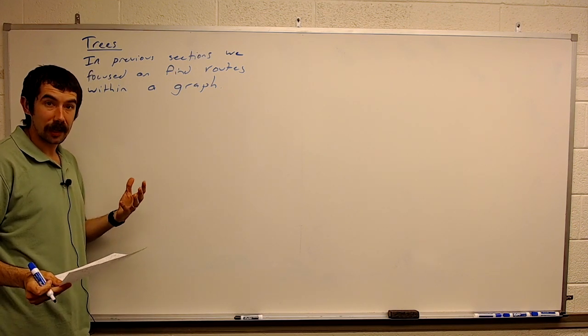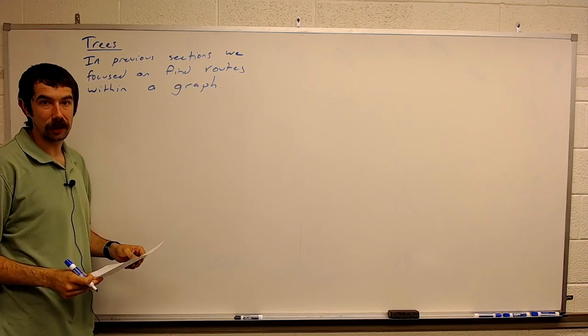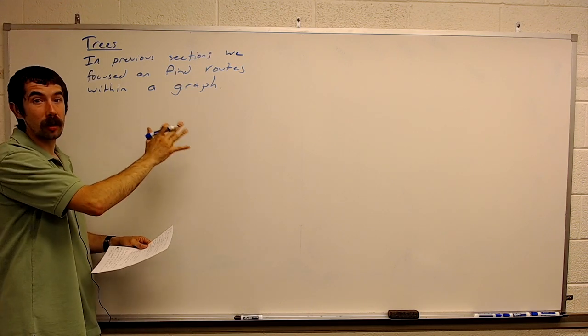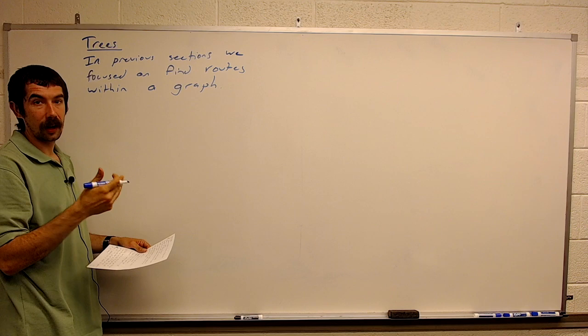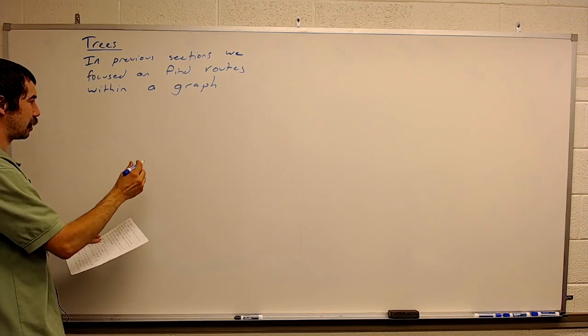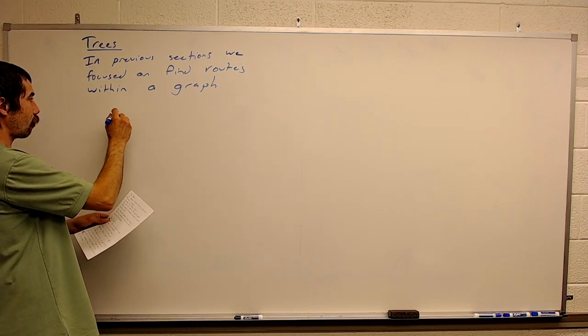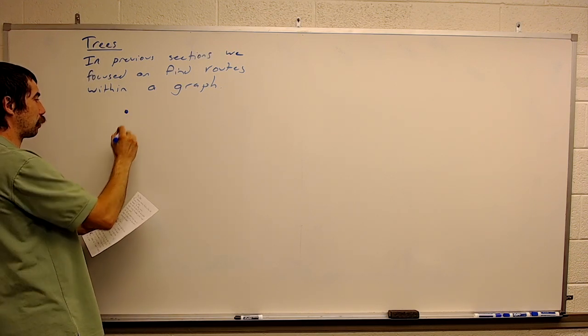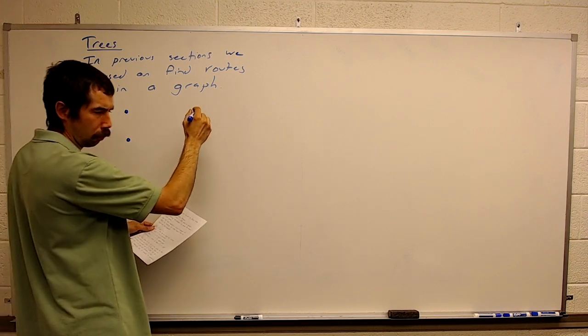So today we're going to look at a slightly different type of question that is not going to be able to be solved using finding a route in a graph. Okay? So imagine you have this scenario where you have some employees in an office.